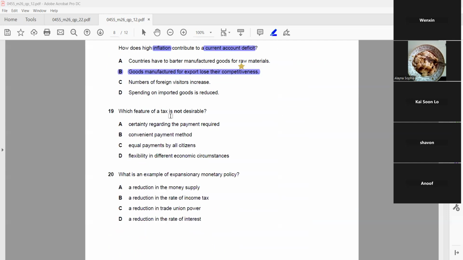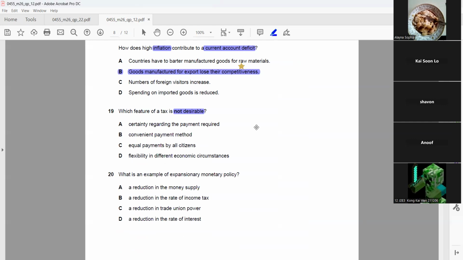19. Which feature of a tax is not desirable? Anup, what's your answer for this one? Not desirable. Okay, let's see.